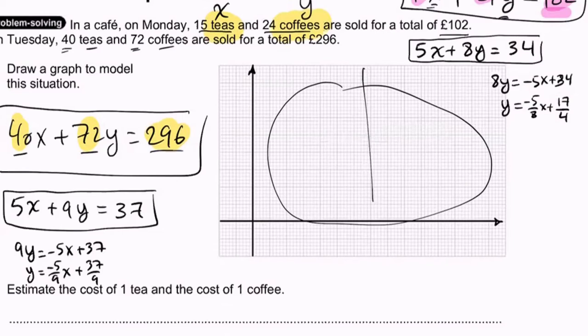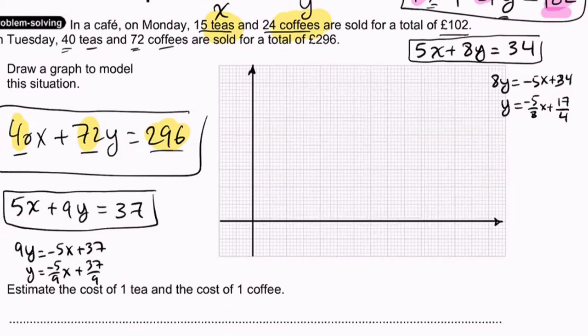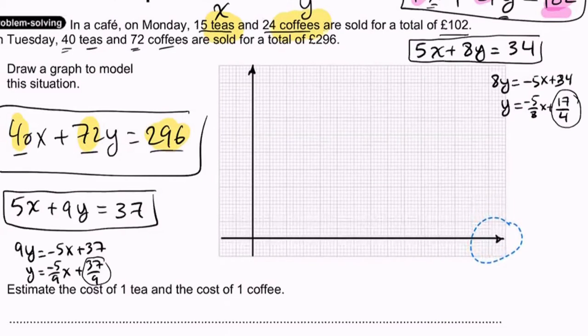Now I have 17 over 4, which is around 4 point something. I'm talking about this one. And here 37 over 9 is almost 4 point something also. So the y doesn't have to be more than 4. So let us do it like this. I want to shift this also downwards more.